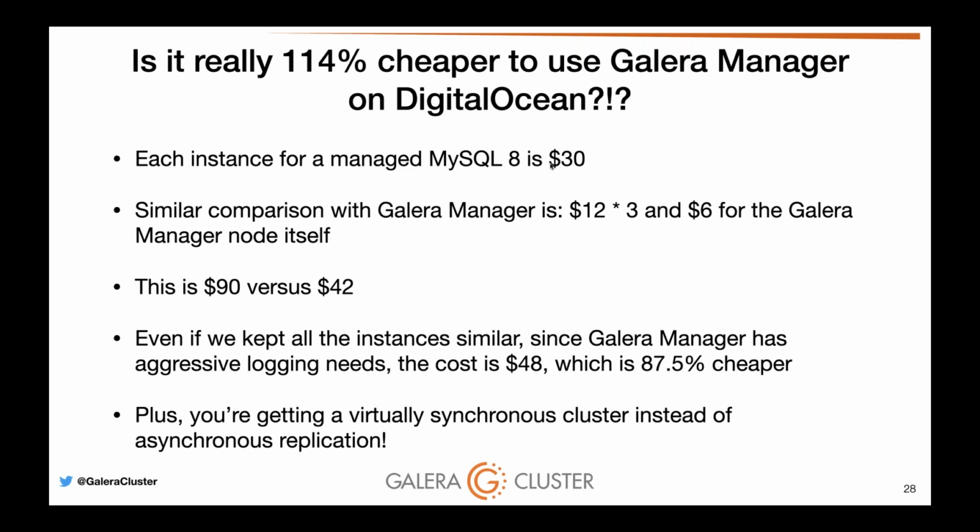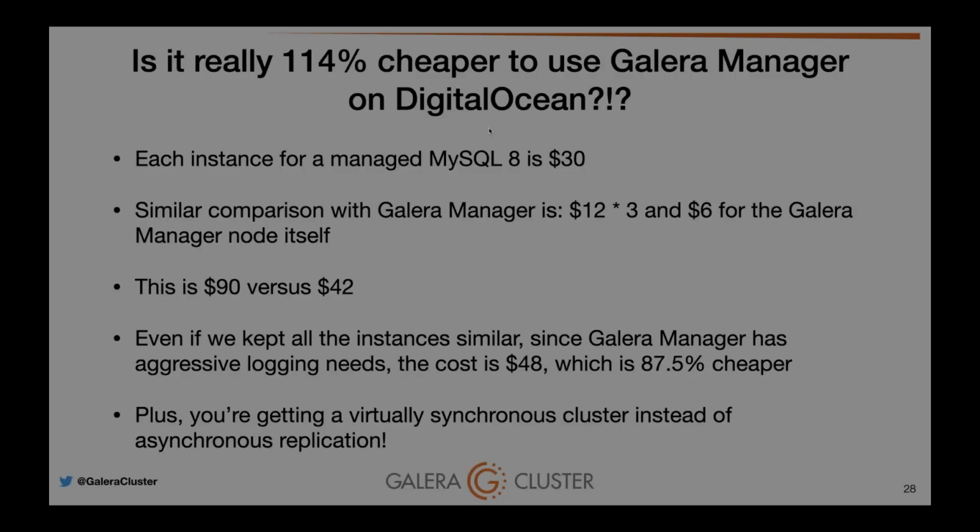And at most, if you wanted to be completely apples to apples, even having the Galera Manager on the same kind of host, it only goes up to $48. So the reality here is we can deploy on DigitalOcean cheaper than DigitalOcean can deploy an asynchronous cluster that may suffer from secondary lag. We, on the other hand, will never suffer from secondary lag because there's no such thing as secondary lag. All the nodes are equal.